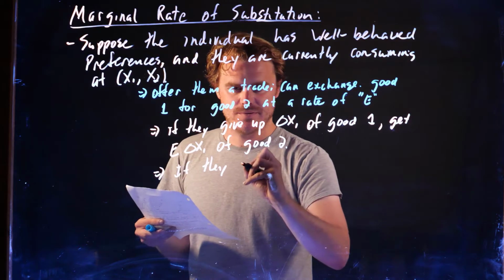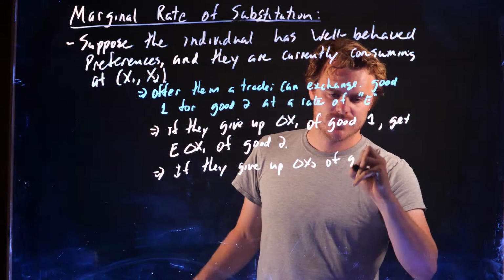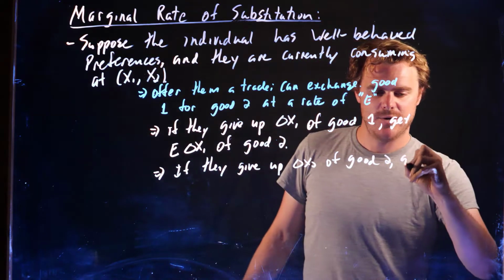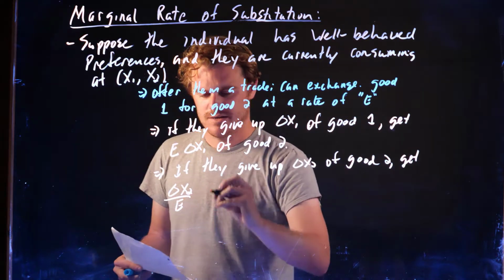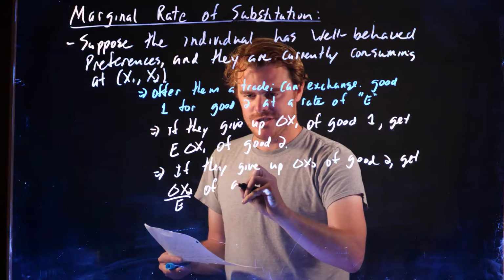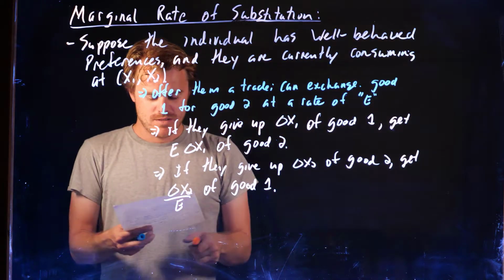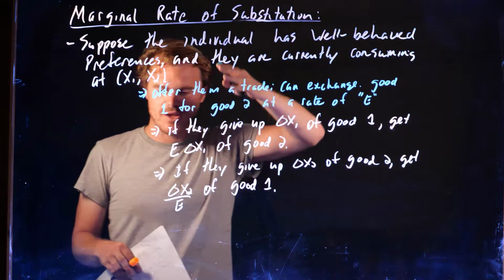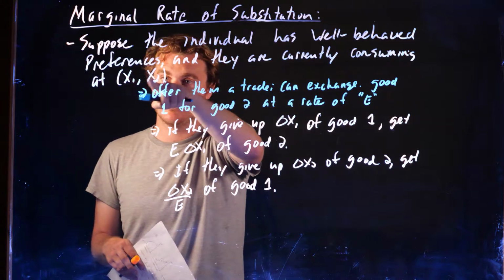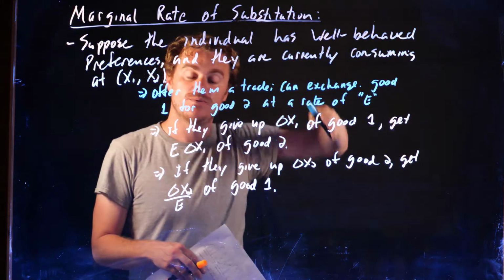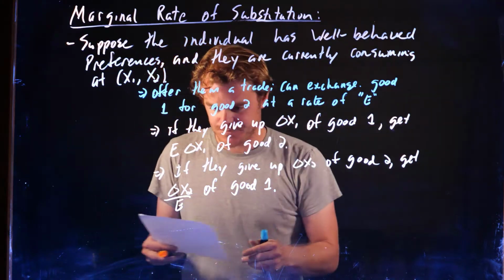If they give up delta x2 of good 2, then they would get delta x2 over E of good 1. So essentially, we're giving the consumer the opportunity to consume anywhere along a straight line that passes through x1, x2 and has a slope of negative E.